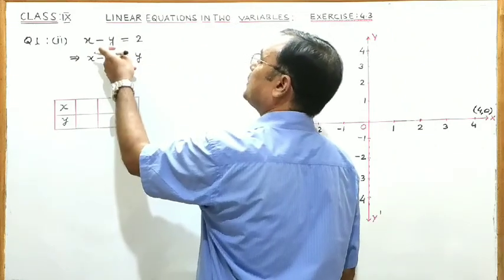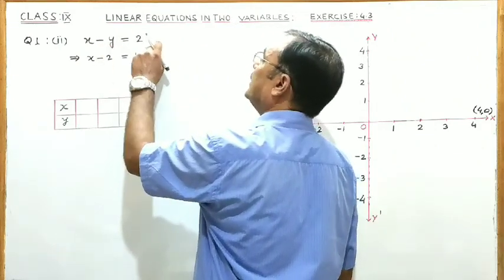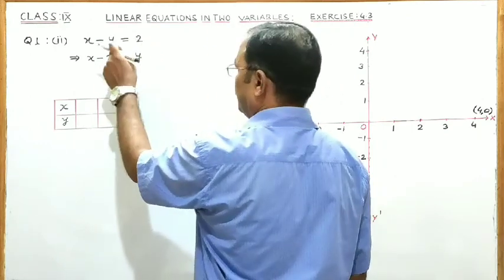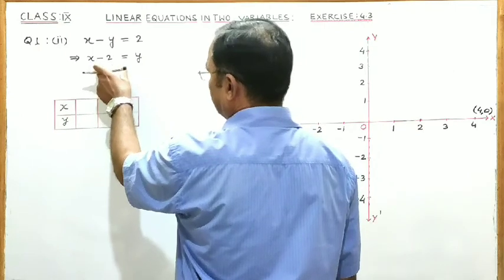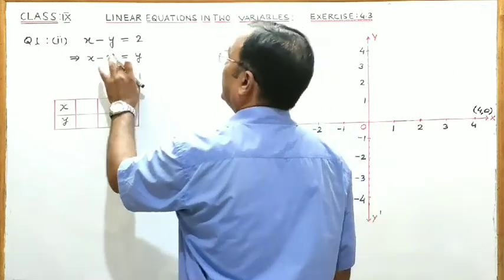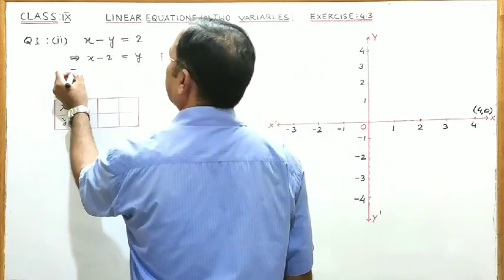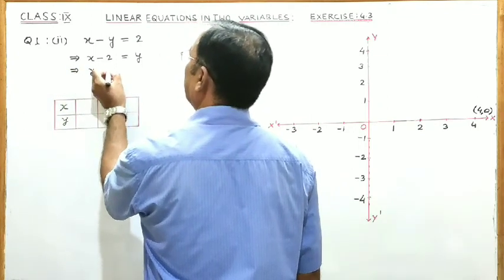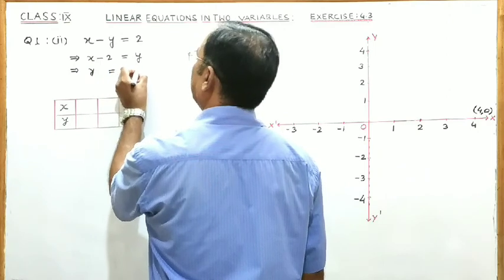Minus y is transposed from left side to right side, and plus 2 is transposed from right side to left side, and we have got x minus 2 equal to y. Now interchanging the sides, we get y is equal to x minus 2.